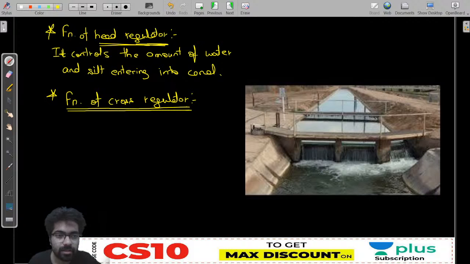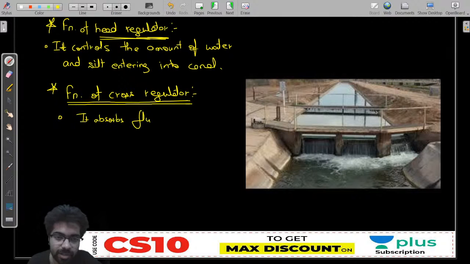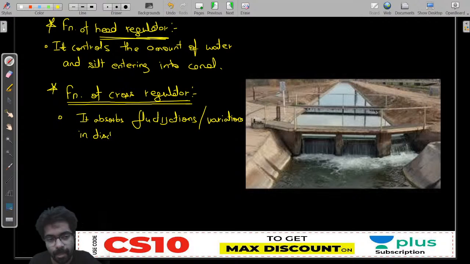Function of cross regulator is to absorb fluctuations or variations in discharge entering into the canal.